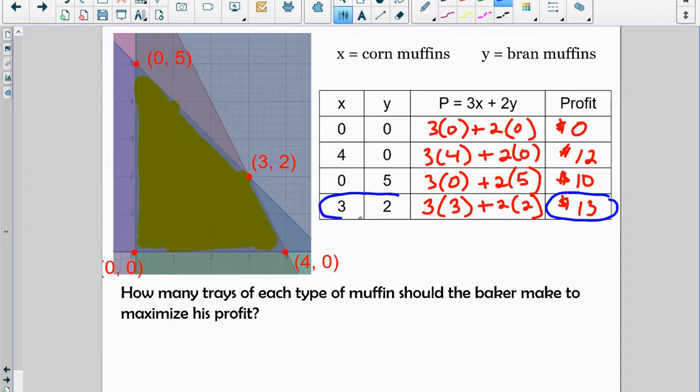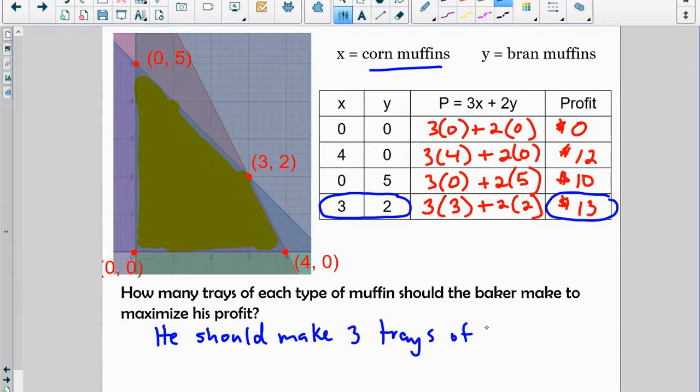He should make 3, so my x value is 3, and that was corn muffins. 3 trays of corn muffins, not 3 corn muffins, but 3 trays.